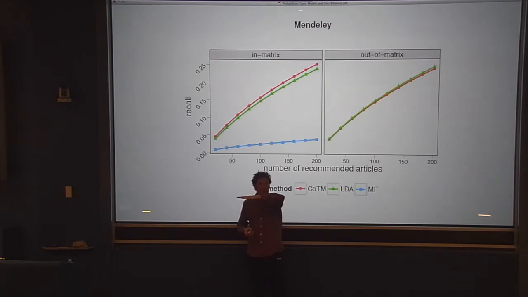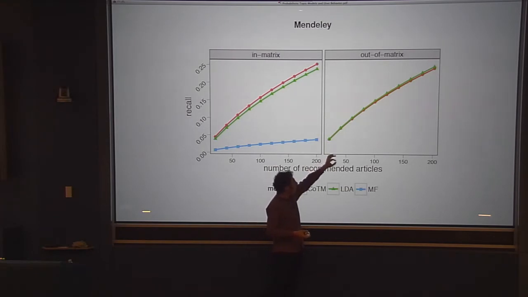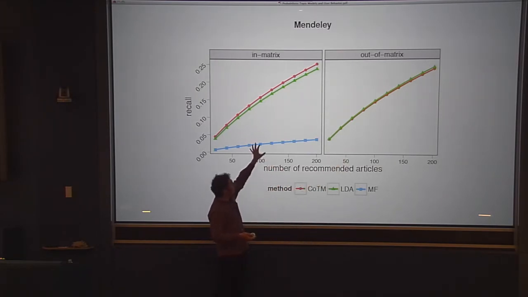And then we asked, okay, can we predict that you're going to like the EM paper? That's out of matrix prediction. And one is we allowed some subset of people to read the paper so we can learn about who likes it, and then tried to predict it. So notice that matrix factorization, which is what's used all over the internet, can't perform out of matrix prediction. So people do ad hoc things to do it, whereas our model can do both.